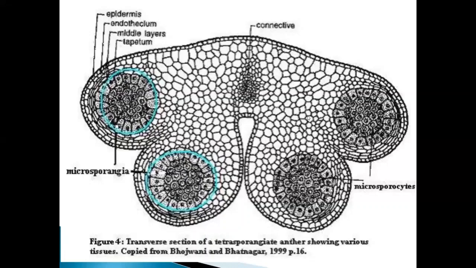Each stamen arises as a small papillate outgrowth of meristematic tissue from the growing tip of the floral primordium. We know that it grows actively and soon differentiates into an apical broader portion, the anther, and a lower slender part, the filament.